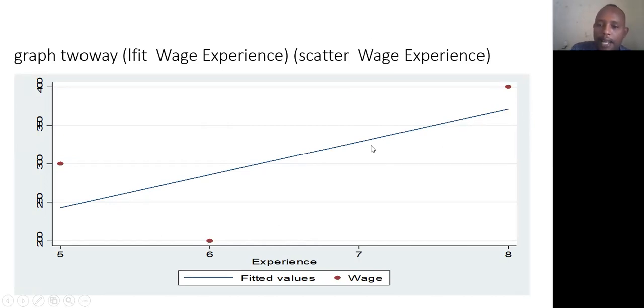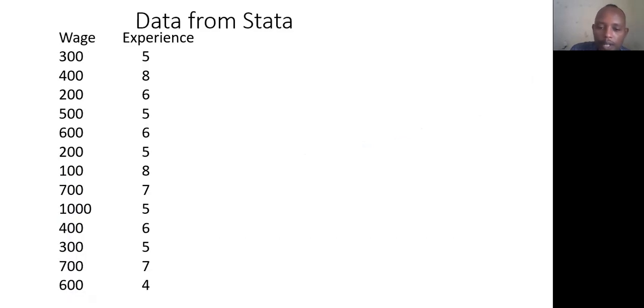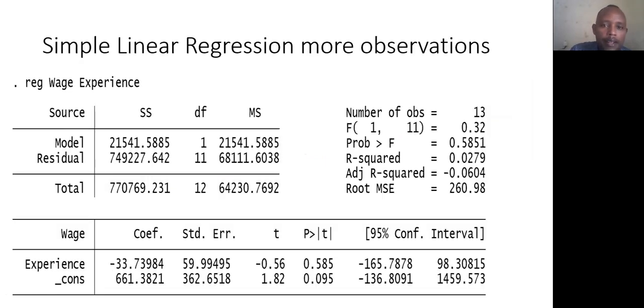Hence, the explanatory power of this model is very low, around 42%. Let us add more observations like this to our data, and let us look at the output.